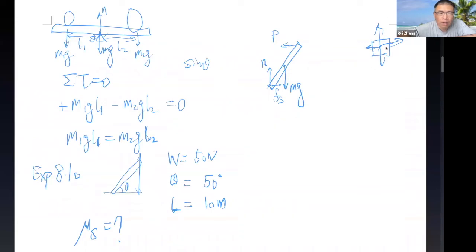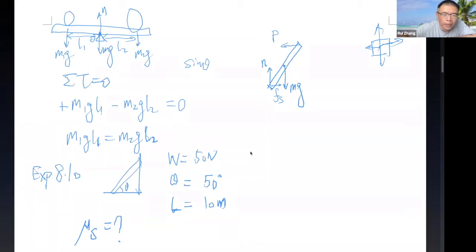Well, that's just because there's no rotation we need to worry about in those situations. When you need to worry about rotations, you need to draw the forces at their actual acting point. Otherwise, you won't be able to get the correct torques. So anyway, this is our setup for these four forces.